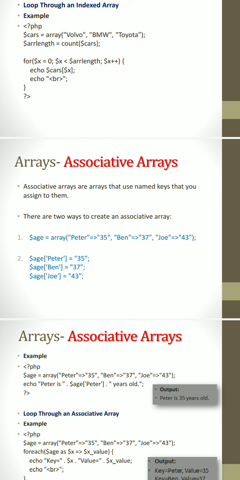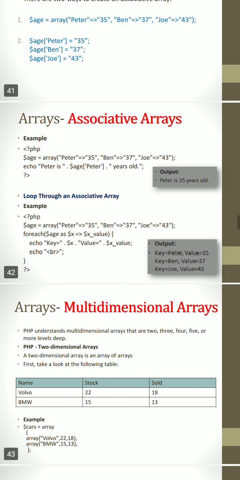We have taken one example of age. $age = array("Peter"=>"35", "Ben"=>"37", "Joe"=>"43"). And the second one is $age["Peter"] = "35". The names Peter, Ben and Joe are taken as the index. So in both ways you can create an associative array.